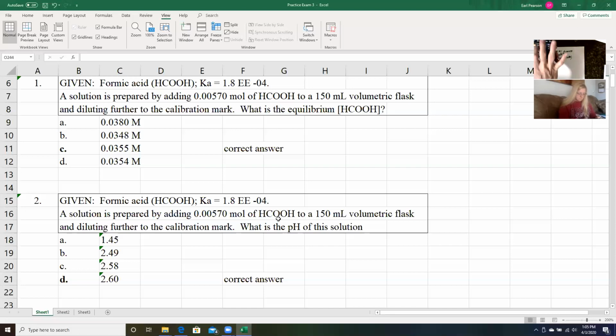Minus log, second answer, close my parenthesis, equals. Now, if you do that correctly, you should get 2.5968 and a whole bunch of other digits.